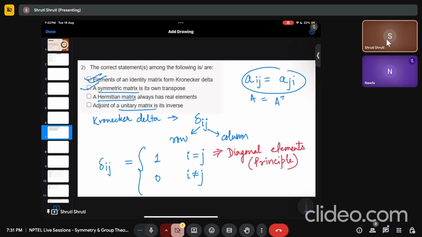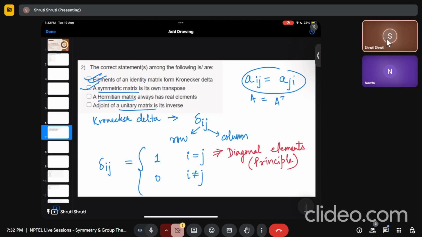And next is the Hermitian matrix. What is a Hermitian matrix? A is equal to the conjugate of A transpose. Yes.